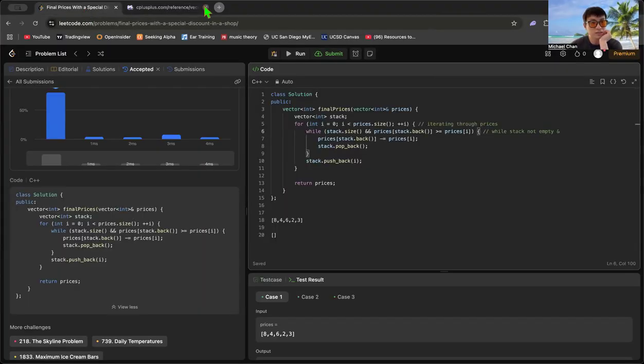A reference to the last element. This I don't understand. What does prices stack back mean?